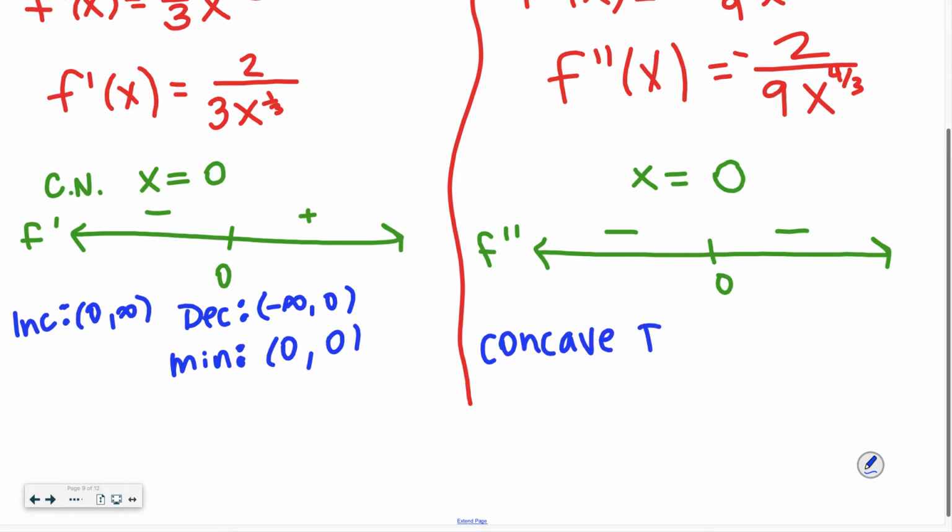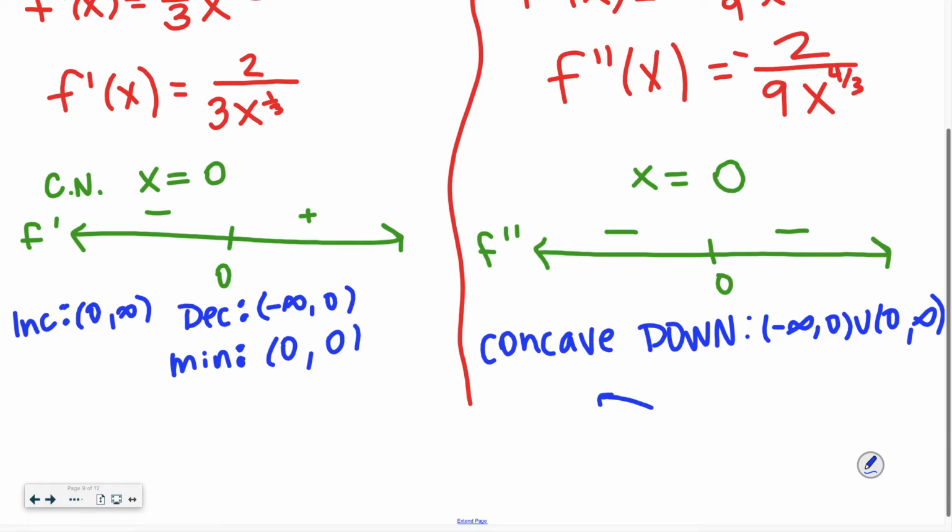So we are concave down. I do want you to write this as negative infinity to 0 and 0 to infinity. I do want you to break it up. Because at 0, technically, do we have concavity? We don't. Okay. Do we have a point of inflection? No, because we don't actually change our concavity.